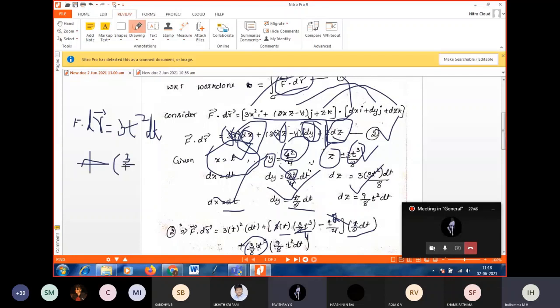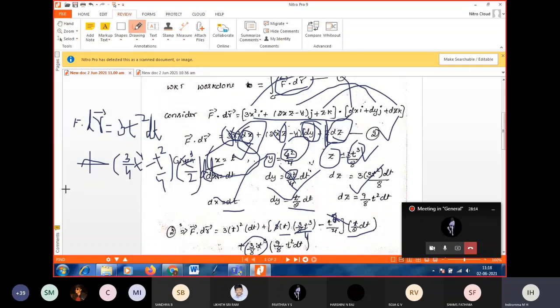Minus t square by 4 into t by 2 dt. As it is, you write it; later we can multiply. Sorry, it is not t square, this is t by 2 into dt. So what is the last term?